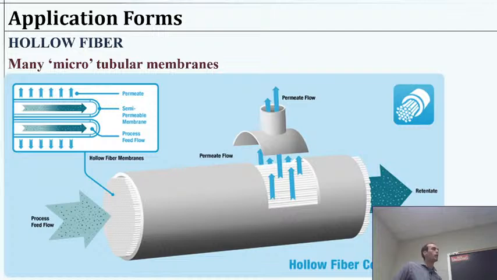Okay, so instead of just having 4 or 5 in that chamber, we just make hundreds of millimeter size. And the nice thing, especially with the polymeric membranes, is that we can create these really tiny straws, essentially, with the membrane materials.